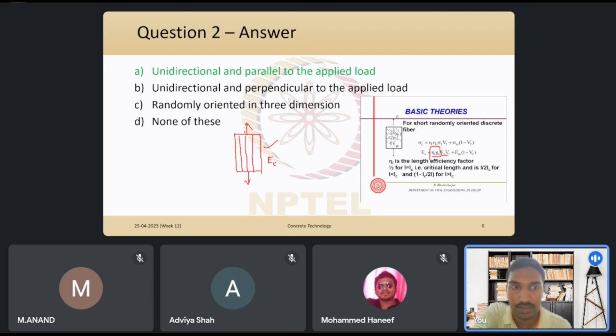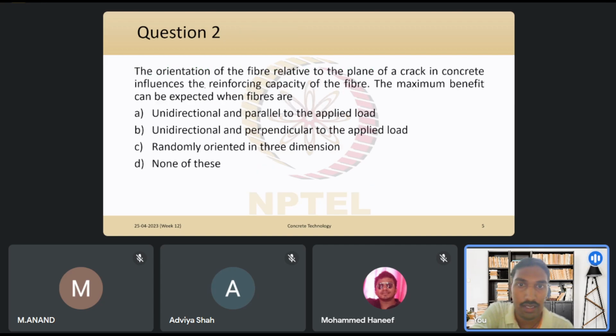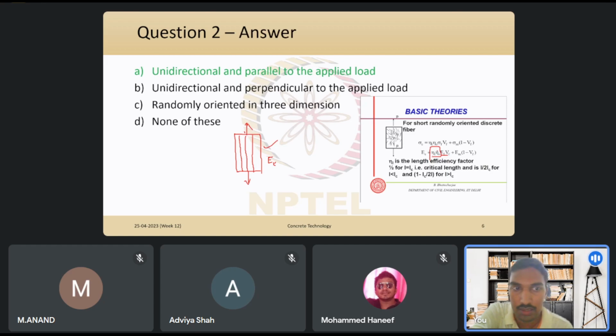These factors for short and randomly oriented fibers will be smaller than 1, so the effective modulus will be reduced. Here we are asking about when it will be maximum, so the maximum benefit is when these two factors are 1. That is the ideal case, when fibers are unidirectional and parallel to the applied load. So the right option is A.